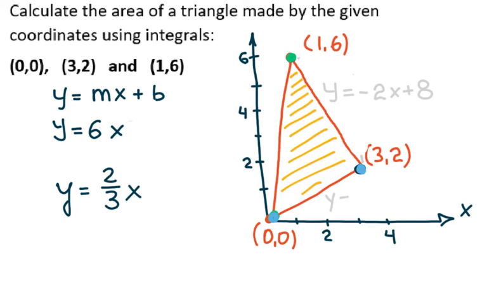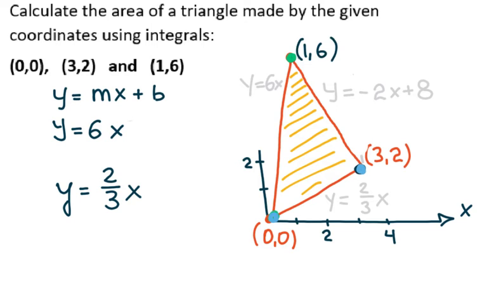This one is 2/3 x, and maybe I will erase this line so I can fit my equation. So this one is y is equal to 6x. And then the point was 1, 6. I still will need that.